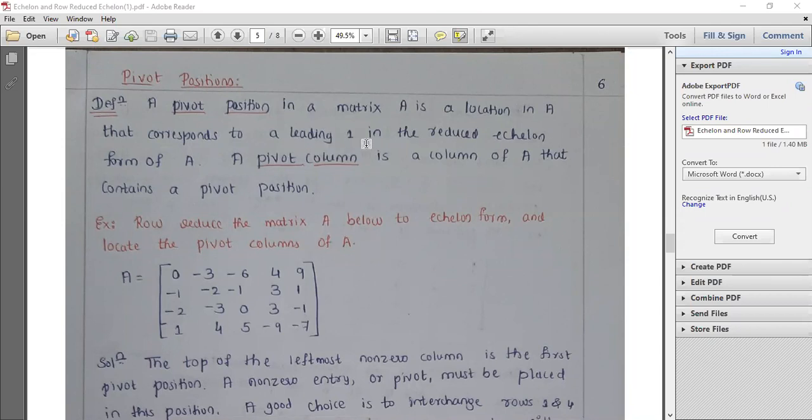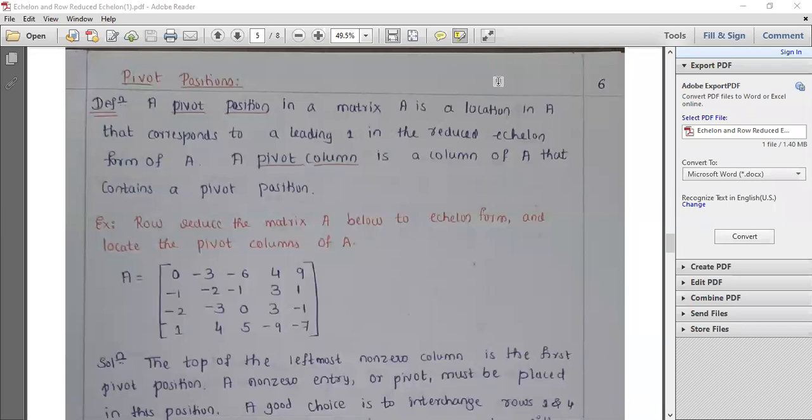So whenever you talk about the pivot element, after row reduction into the echelon form, whatever elements you get as the leading elements, we call those pivot positions, and each pivot position column we call a pivot column.